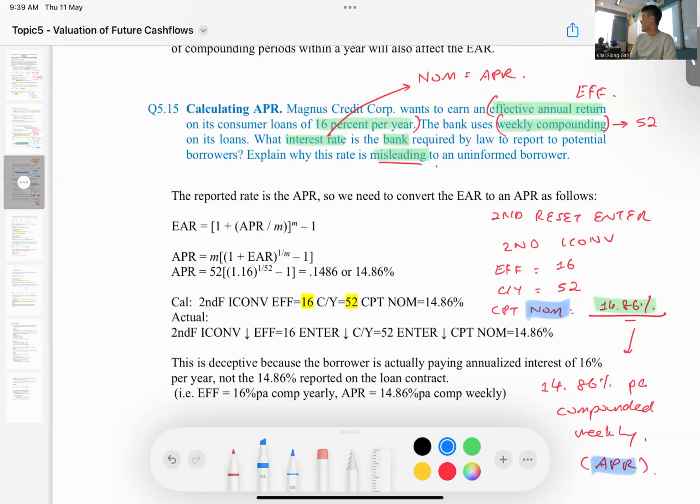I don't want to use the normal calculator.